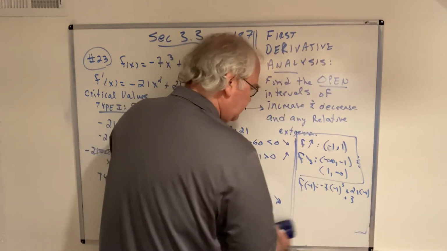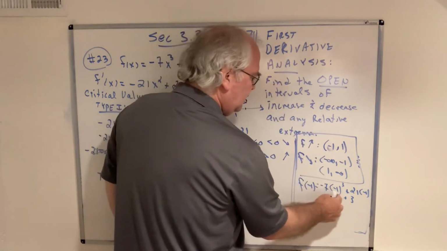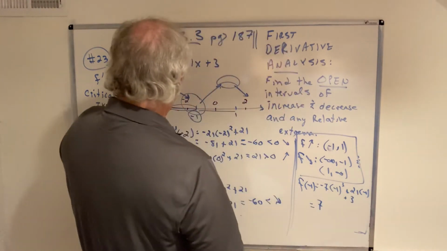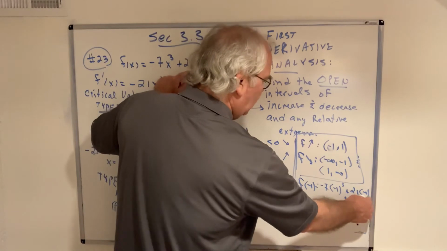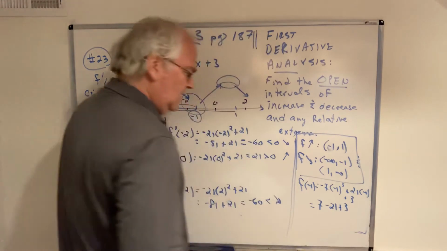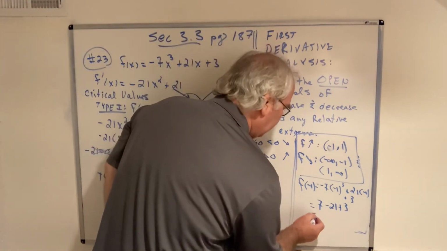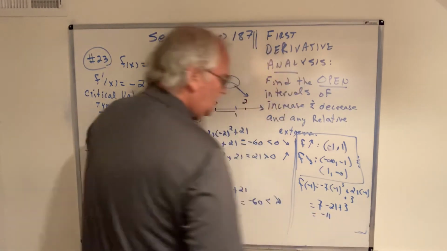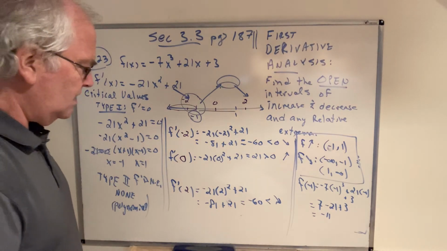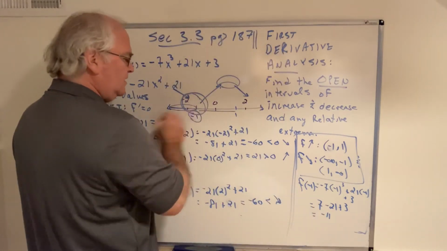And so what do we wrangle out of all that? That's -7 times -1 is 7. Positive 7 plus 21 times -1 is -21 plus 3. And so that is 10 minus 21 is, I believe, -11, if that's correct. 21 minus 10 is 11. And so we have, that is the relative minimum.